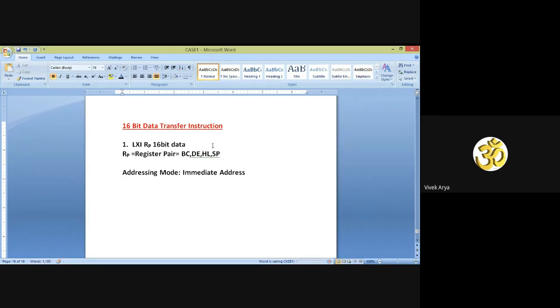My presentation is visible or not? Okay. Now let's talk about the operation for this instruction. The 16-bit data will pass into the register pair after execution of this instruction. You can say that after the execution of LXI RP 16-bit data, the 16-bit data is immediately loaded into the register pair, and the register pair may be BC, DE, HL, and SP.